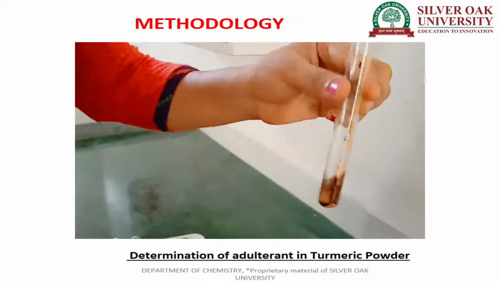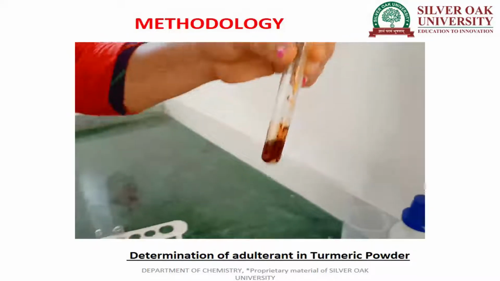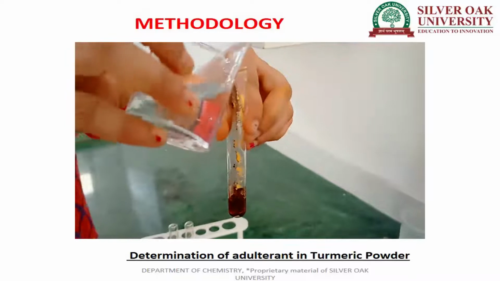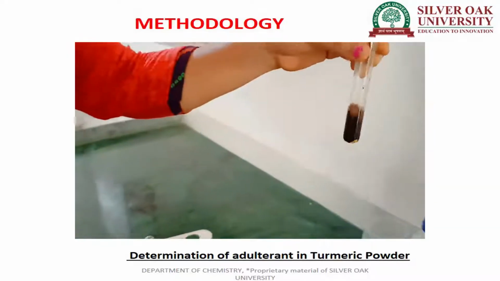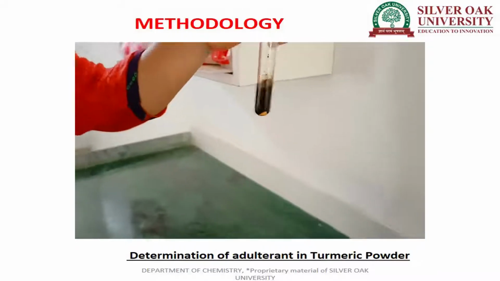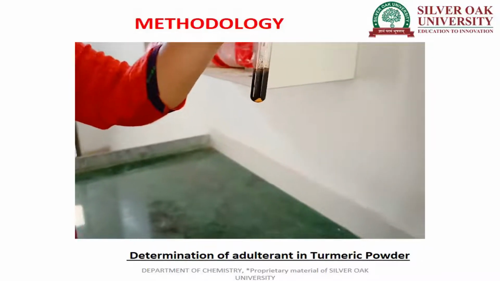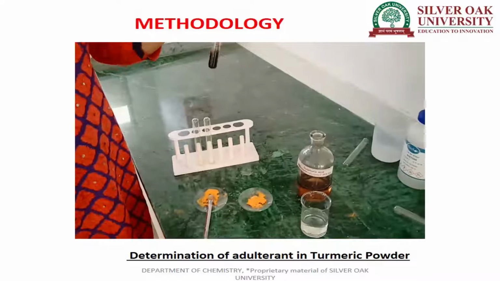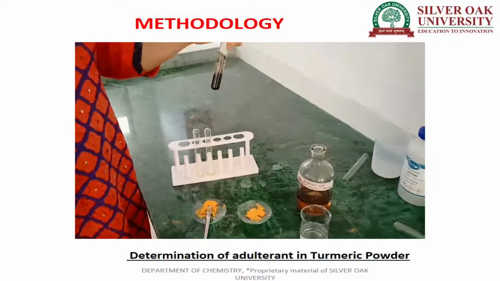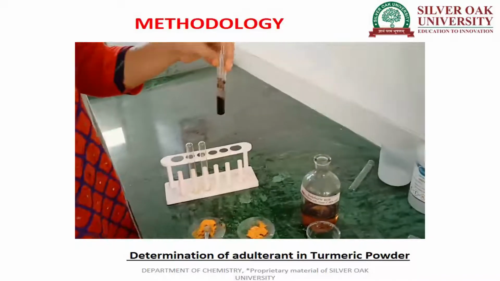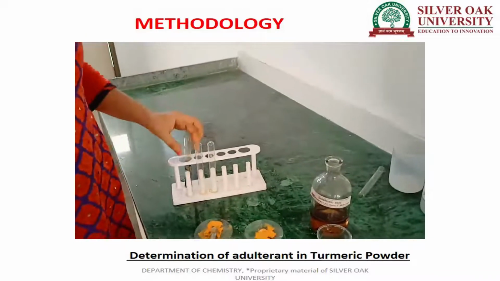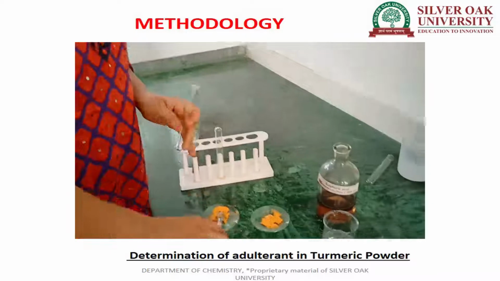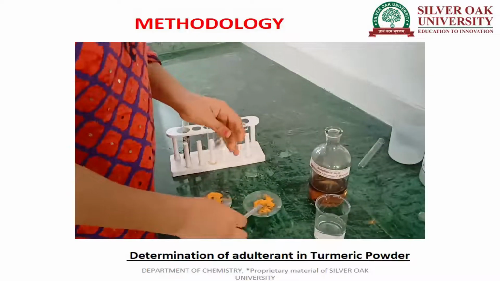As you can see, there is a red type of color, which on addition of water remains the same. That means the sample is pure. Now let us similarly check the second sample and see what the result is.